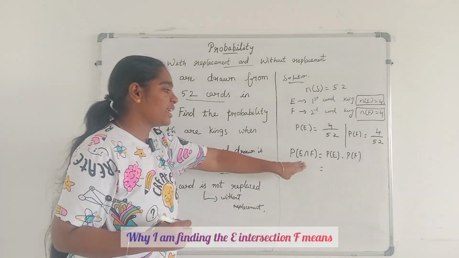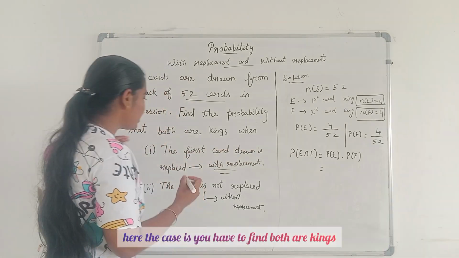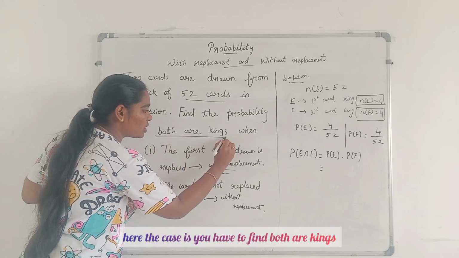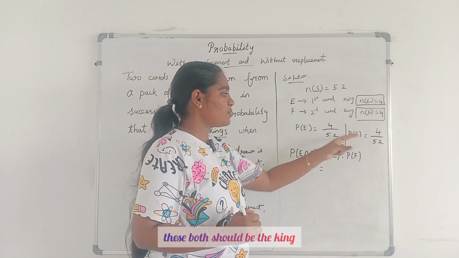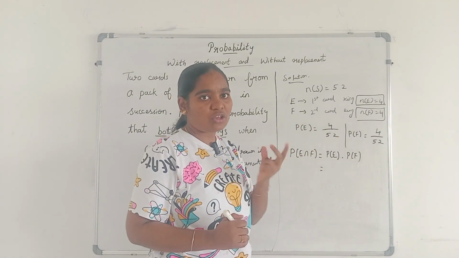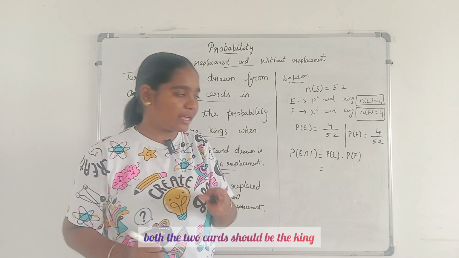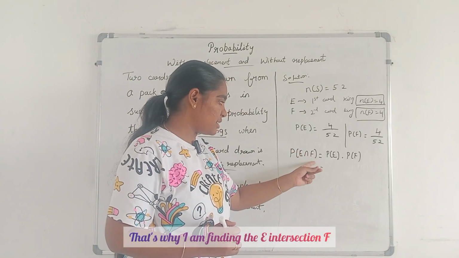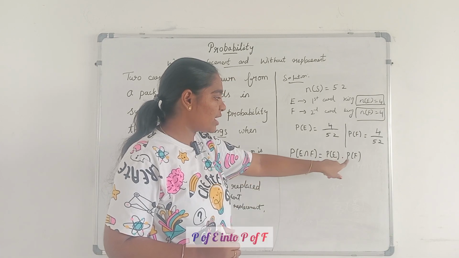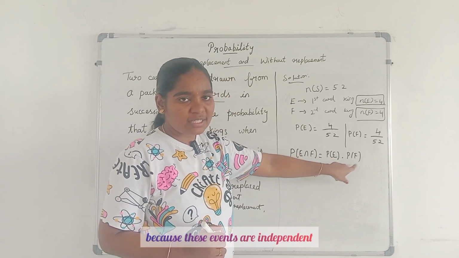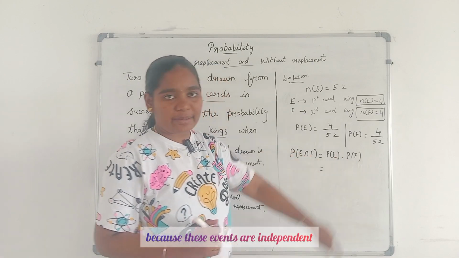Why am I finding E intersection F? Here you have to find that both are kings. So in the intersection of E and F, both should be kings. Both the 2 cards should be kings. That's why I am finding E intersection F. P(E intersection F) equals P(E) into P(F), because these events are independent.